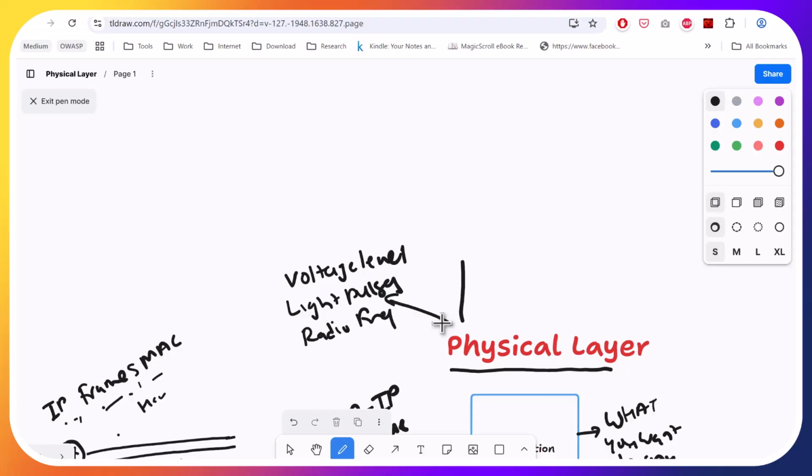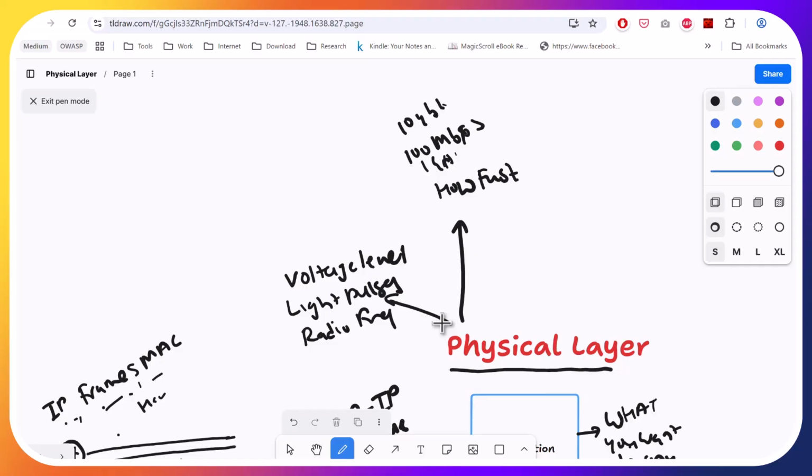Then how fast a bit can transfer is also a responsibility of the physical layer, 100 Mbps for example, or 1 Gbps, or 10 Gbps. These are the properties of the physical layer.